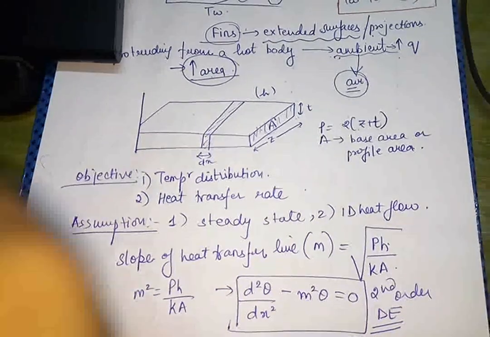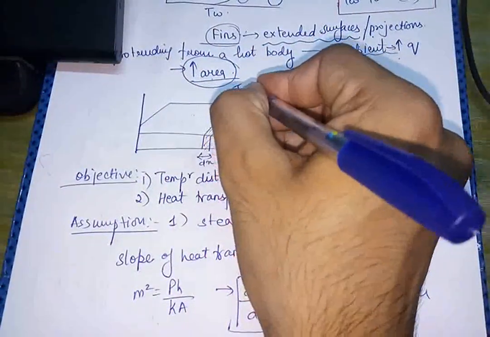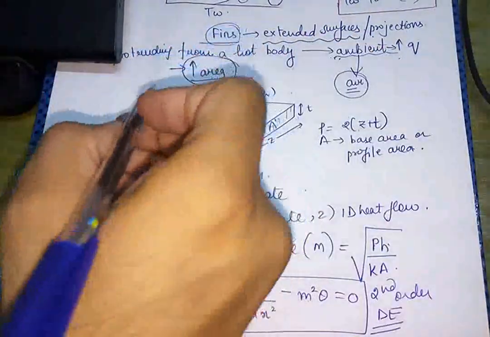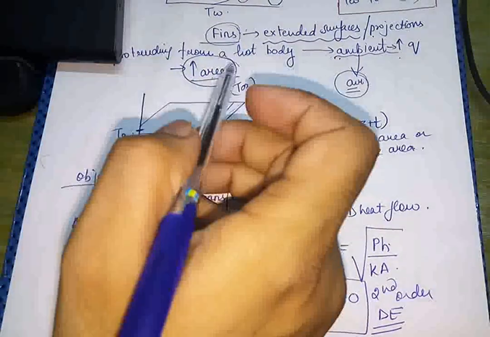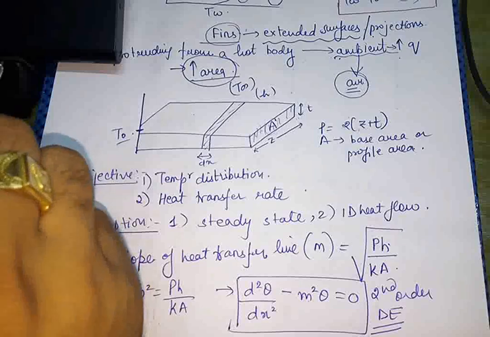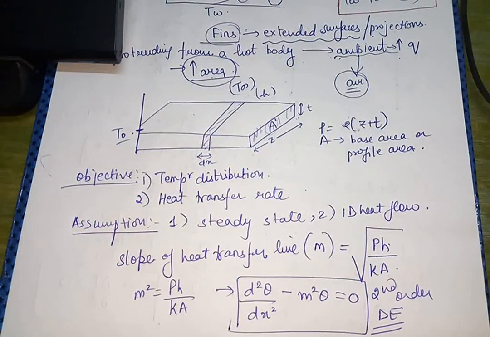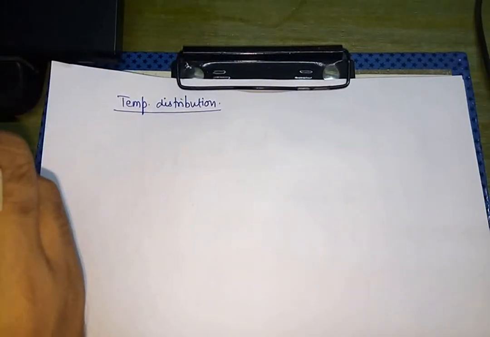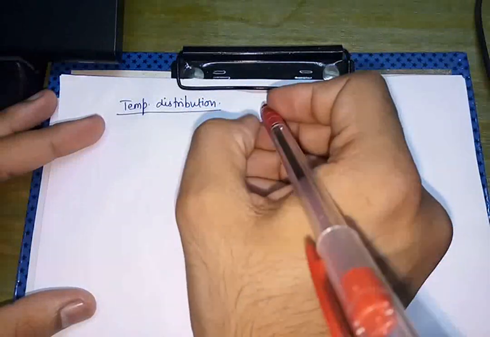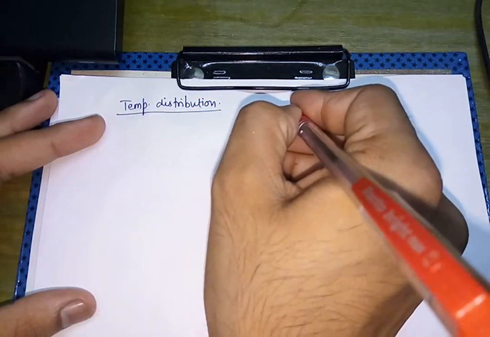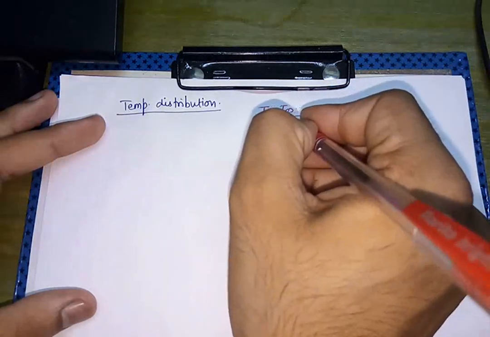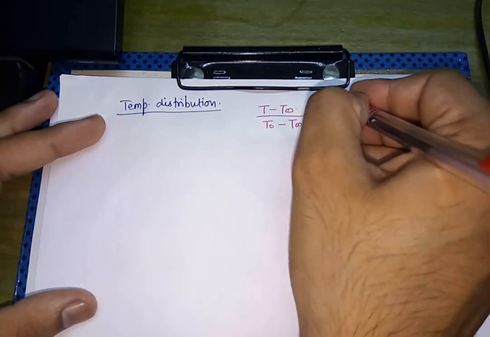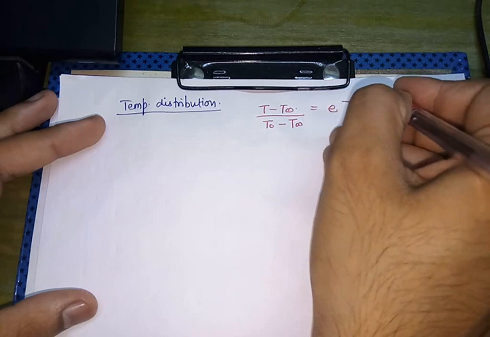Now the temperature of the surrounding, let it be T infinity, and the temperature of the wall, let it be T0. Now if I wish to write down the temperature distribution, I am writing it directly. (T minus T infinity) upon (T naught minus T infinity) equals e to the power of minus mx.